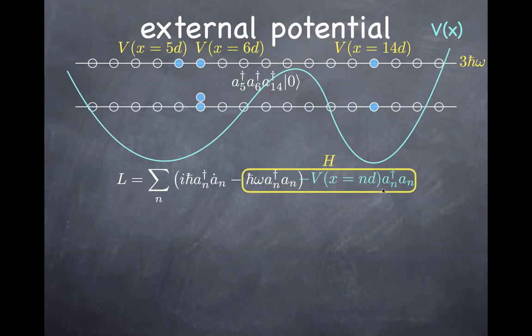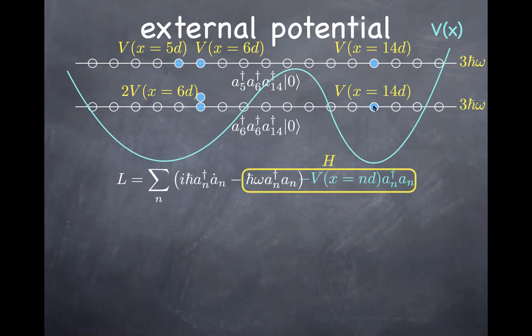And this works even in a situation where two particles happen to live on the same position. In this case, at site 6, a dagger a is 2 because you have two particles over there. Correspondingly, you are supposed to have twice the potential energy at that position. But at position 14, you still have only one particle, so you count the potential energy only once.